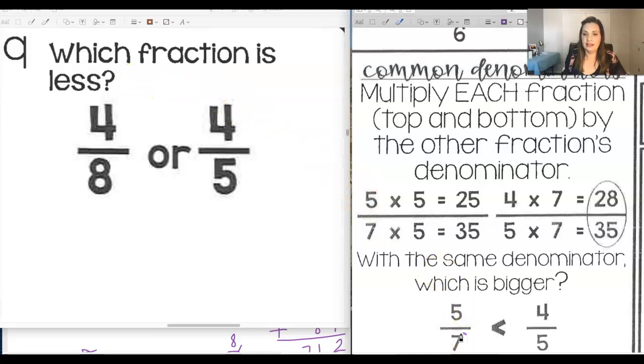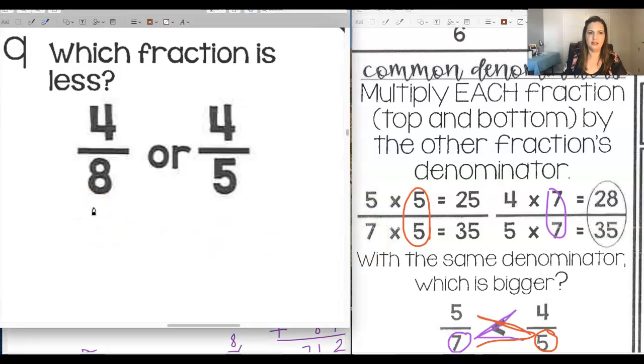Remember, you're going to take this denominator, 7, and you're going to multiply it by the top and the bottom of this fraction. So I have it right here, 4/5 times 7/7. Then you're going to take this denominator and you're going to multiply it by the top and the bottom of this fraction. And I see that here. 5/5 is multiplied by 5/7.